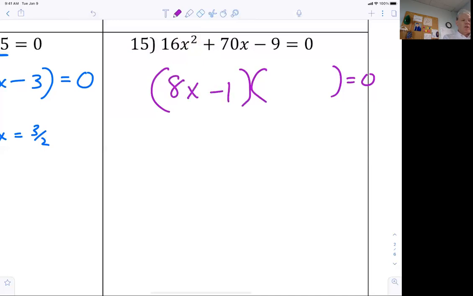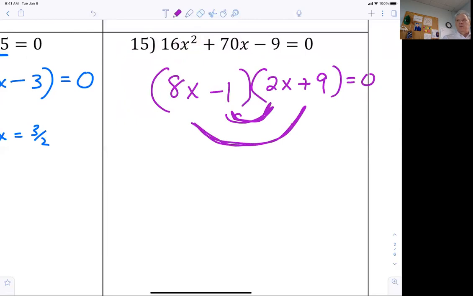Again, we can double check. -2 and +72. -2 and 72 makes the 70. Everybody good with that? Nothing to it.